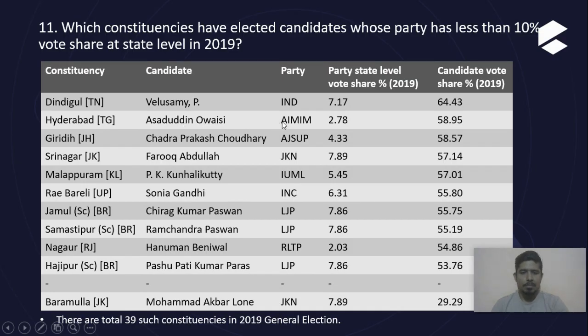But his political party AIMIM received only 2.78% of the total votes of Telangana in the 2019 election. So these are such candidates whose party has received less than 10% vote share at state level in the 2019 Lok Sabha election. So this concludes our primary analysis.